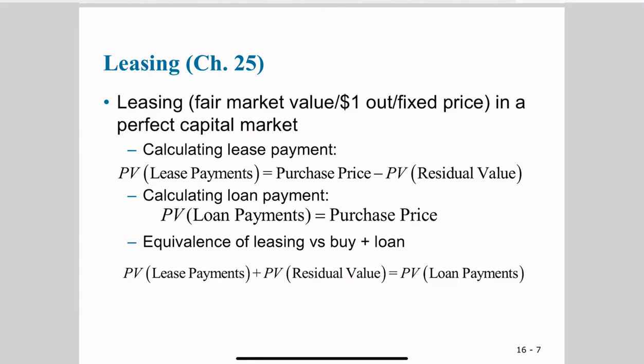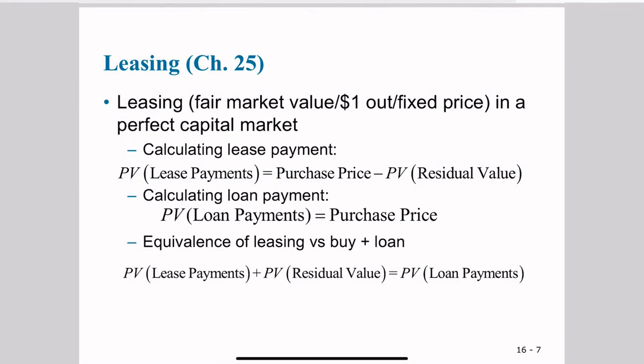And in this section, you need to understand how to calculate lease payments. And you also need to understand how to calculate loan payments, right? So basically, in a perfect capital market, the present value of lease payments equals the purchase price minus the present value of the residual value, or end of period value when your lease ends.